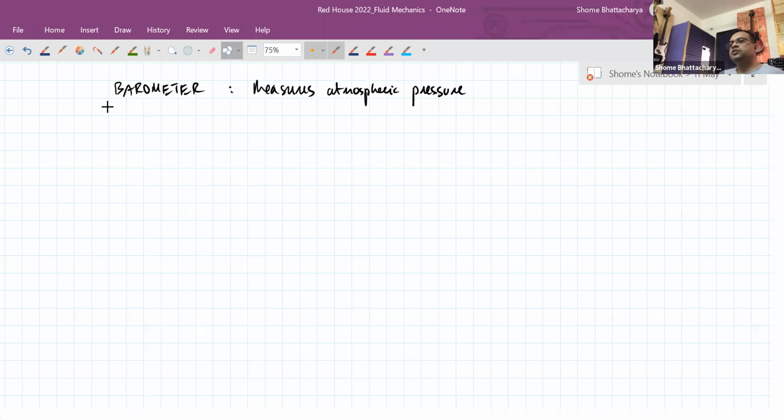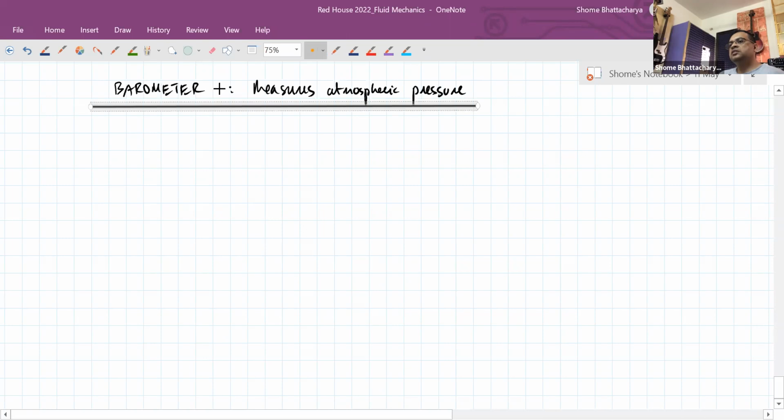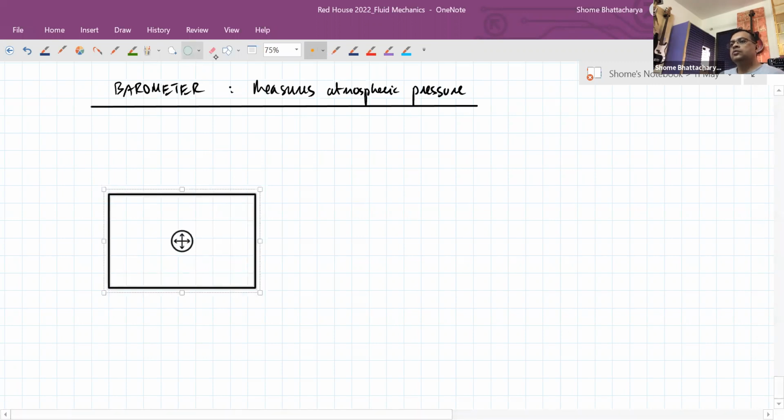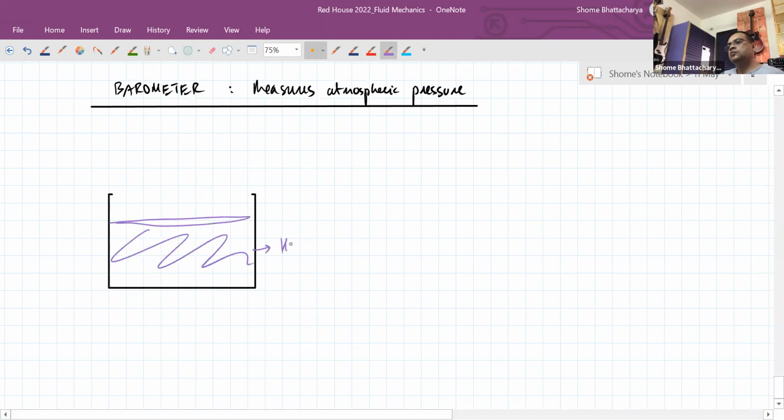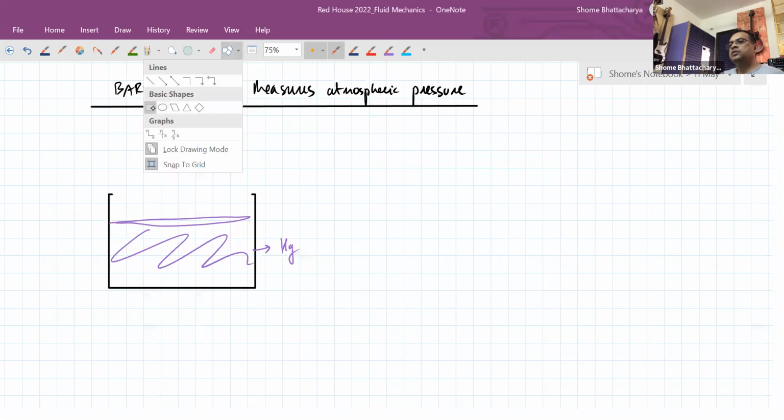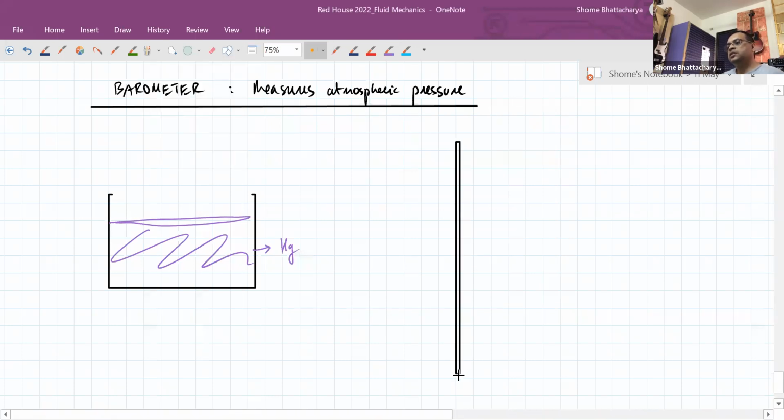A very basic version of the barometer just consists of an open vessel, like an open beaker, or you can say a wide brimmed container filled with mercury, and then a thin glass tube, which is open at one end, which is a little bit more than 1 meter long.